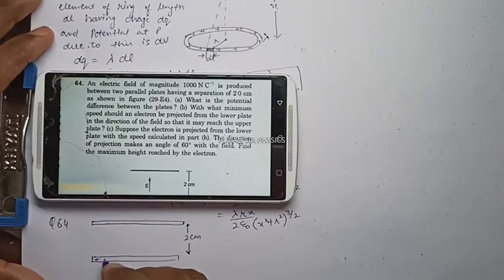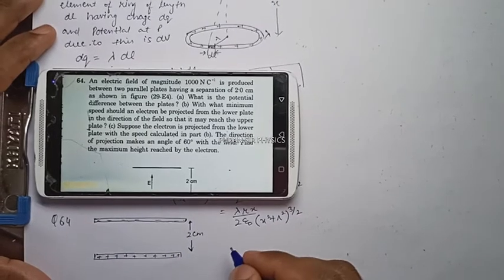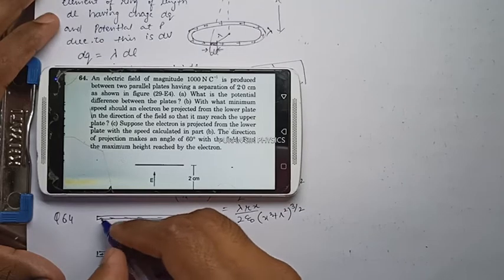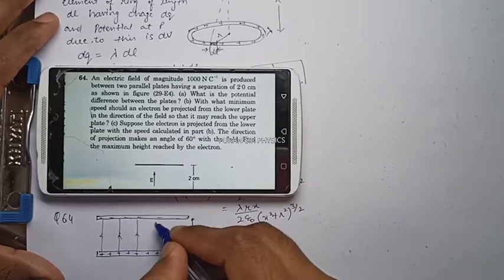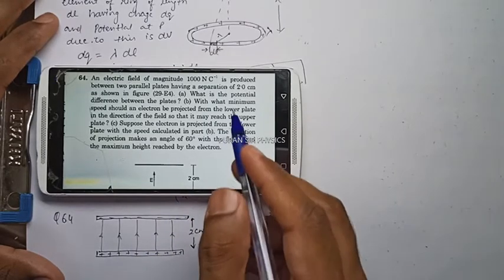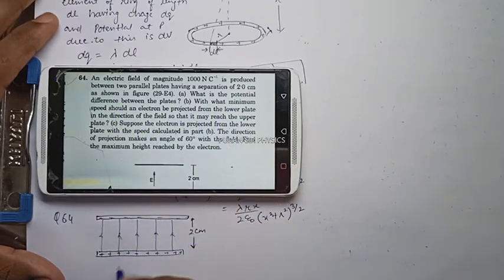Let us say this plate is positively charged and this one is negatively charged. Due to this there will be electric field from positive to negative, something like this, and we have to find the potential difference between the plates.